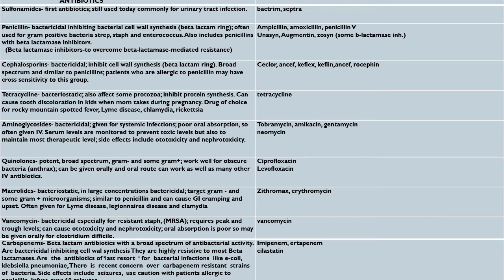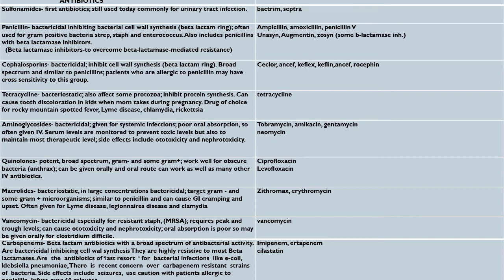The carbapenems are beta-lactam antibiotics with a broad spectrum of antibacterial activity. They are bactericidal and they inhibit cell wall synthesis. They are highly resistant to most beta-lactamases.